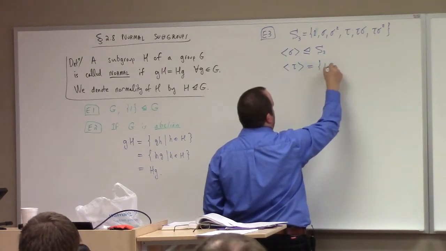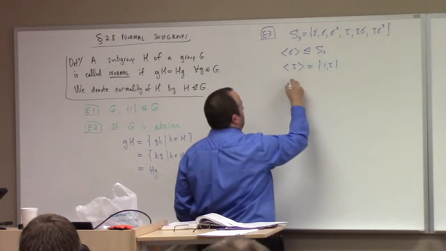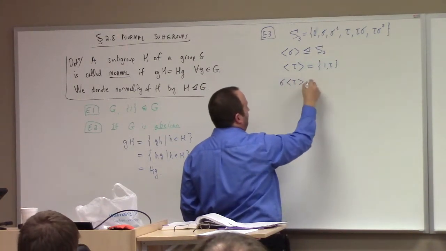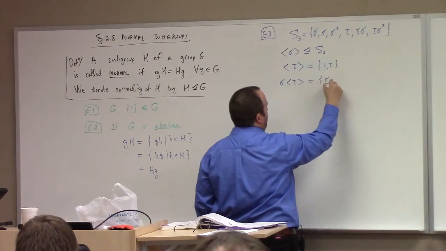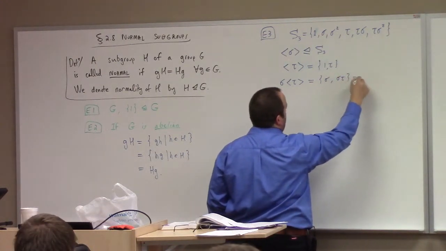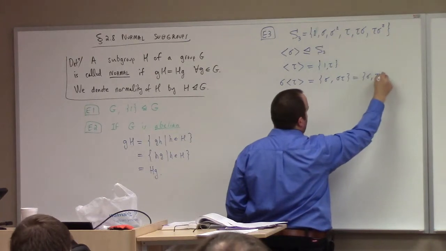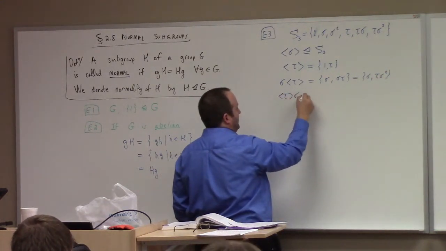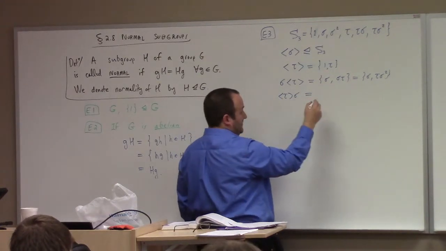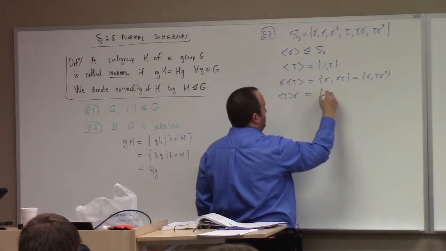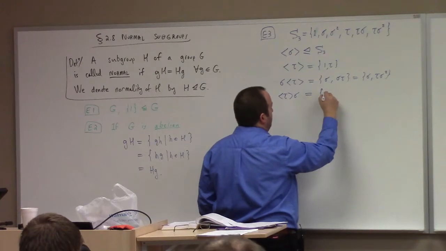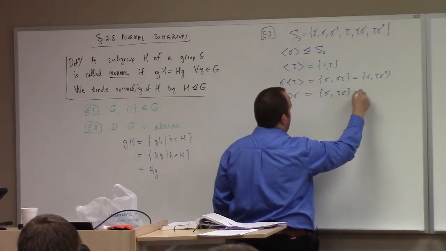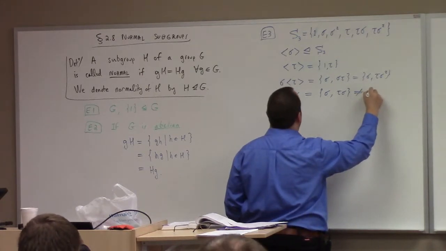Of course, that's got 1 and tau in it, right? So what's the left coset by sigma? Sigma tau, right? Which is equal to sigma tau sigma squared. On the other hand, if we look at the subgroup multiplied by sigma, the right coset of sigma with this subgroup, we've got ourselves sigma and tau sigma, which of course is not equal to the other one, right?